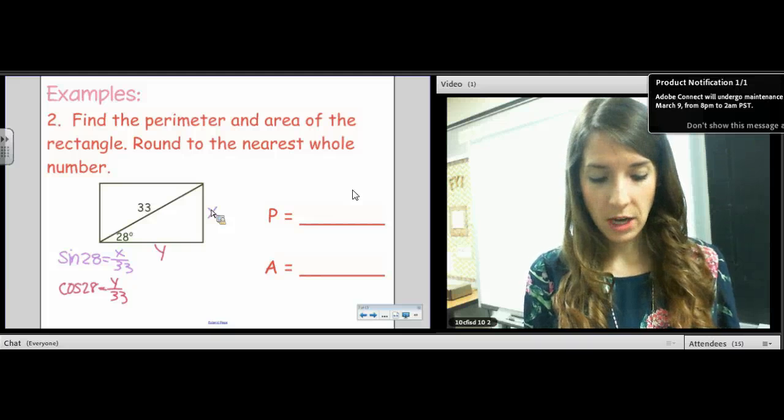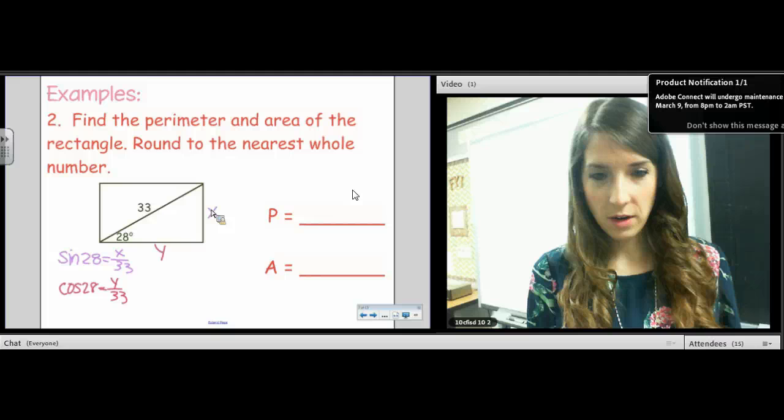What mode should you be in? Check your mode. Mode check. Should be in degree mode. We haven't done that in a while.